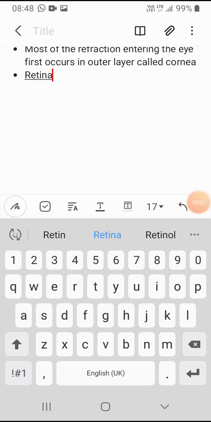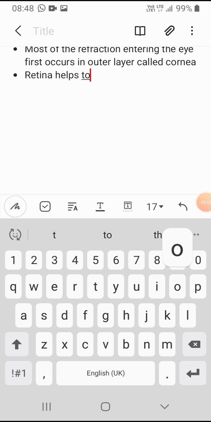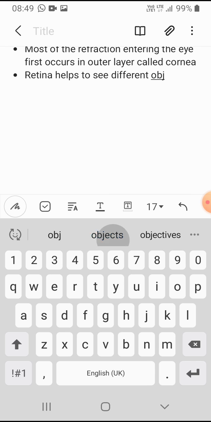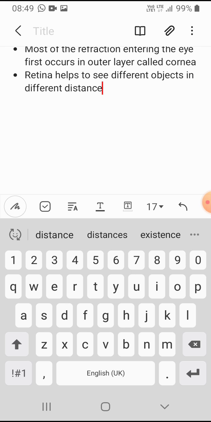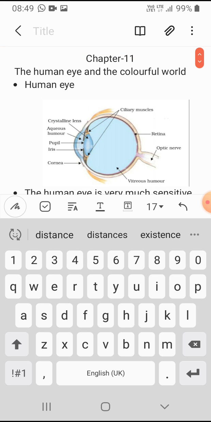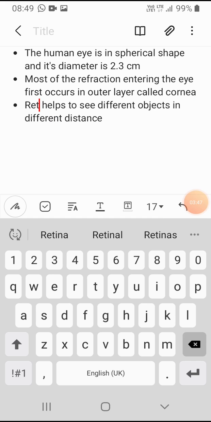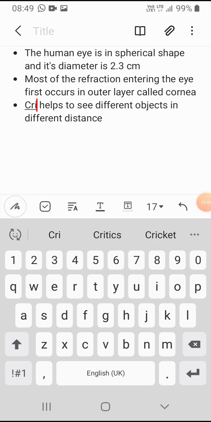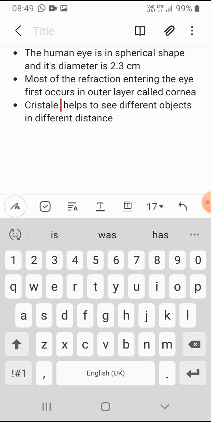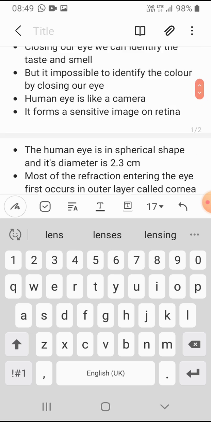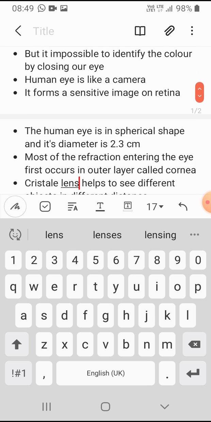It helps to see different objects at different distances. If an object is far, you can also see it. This is because of the retina. No, it's not the retina, it is the crystalline lens.